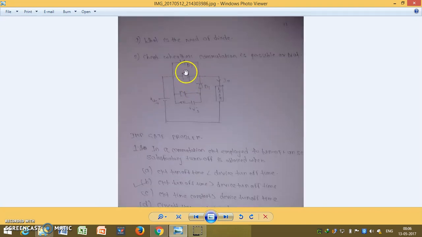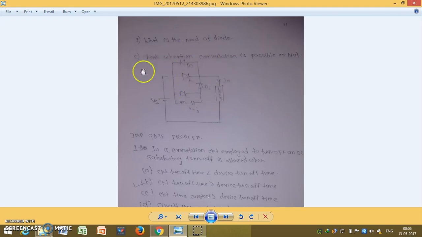Second question, this is the IS question. Check whether commutation is possible or not in this circuit. The answer is this: two anti-parallel devices can't conduct simultaneously at a time, because the voltage drop across the conducting device applies reverse voltage across device D2, and D2 can't conduct in the second mode because the main thyristor is already in the on state.